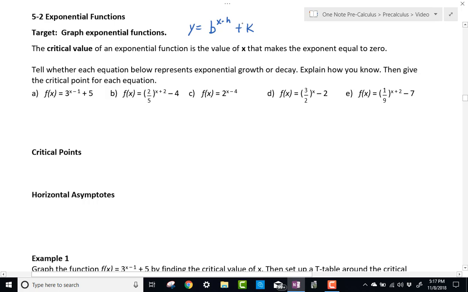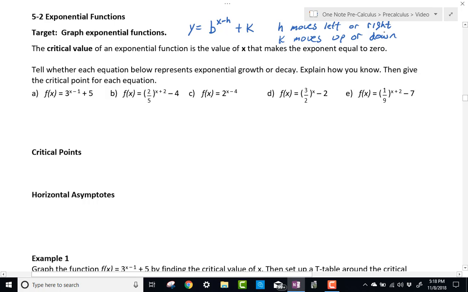Now hopefully the h and the k look familiar, because h is the value that moves the graph left or right, just like it did when we were graphing parabolas and absolute values earlier in the year. k moves the graph up or down, just like a parabola would move up or down.